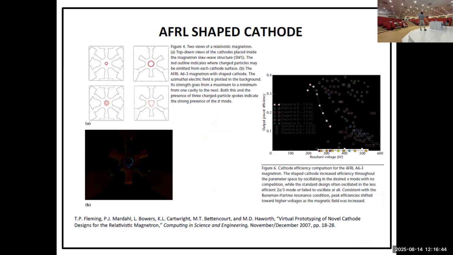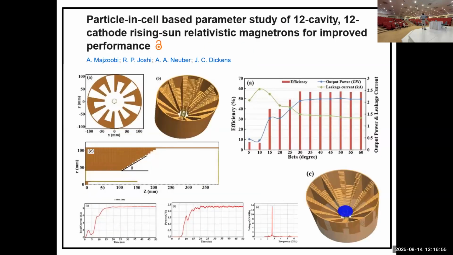Now, since UNM came up with a different cathode structure, and they were... What was the efficiency reported? At UNM or this one? Yeah, this is basically the efficiency with different orientations of the transparent cathode. This is beta, in degrees, which is the orientation of these emitters with respect to the cavities. They played with that, and I think they also played with the extraction angle, this one as well.